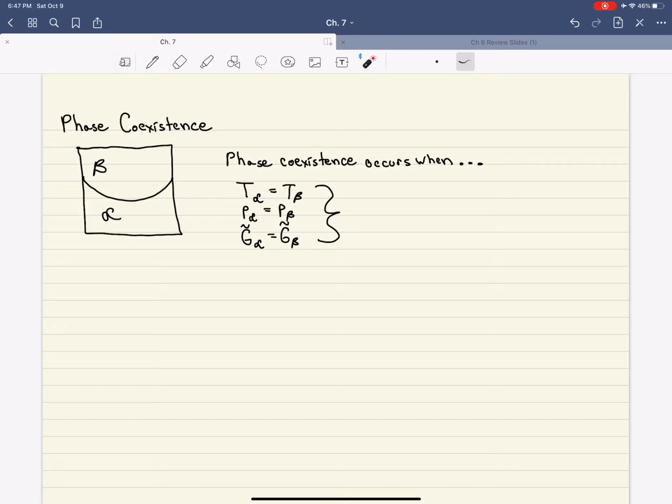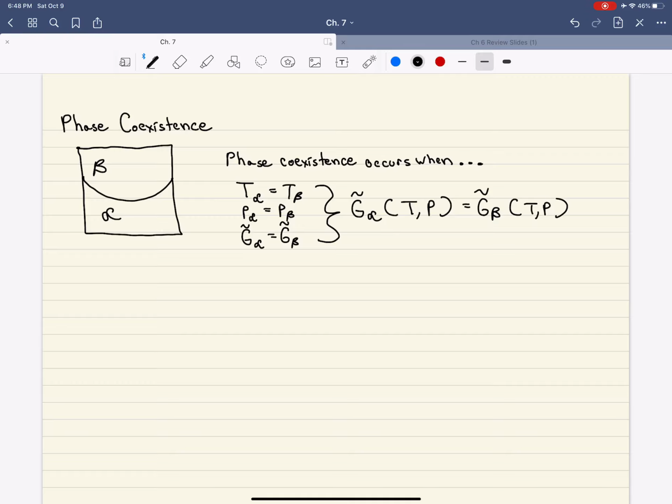We can simplify this a little further, because we know that the molar Gibbs energy is a function of pressure and temperature anyway. So we could sum up all these criteria into one equation: the molar Gibbs energy of the alpha phase at some temperature and pressure is equal to the molar Gibbs energy of the beta phase at that same temperature and pressure.